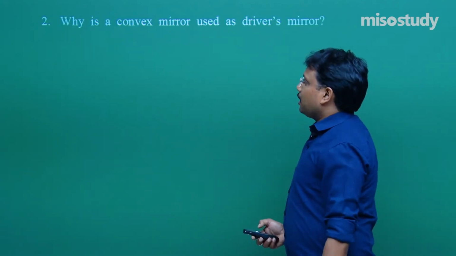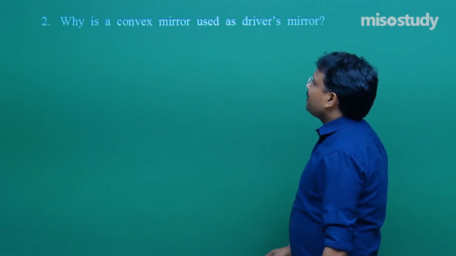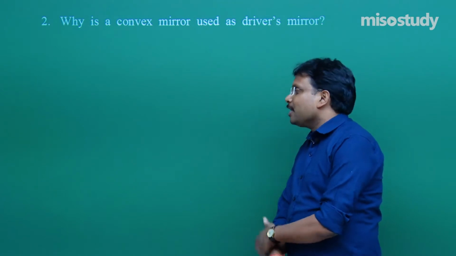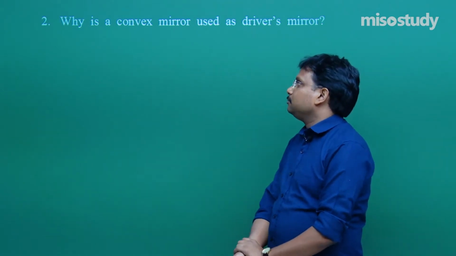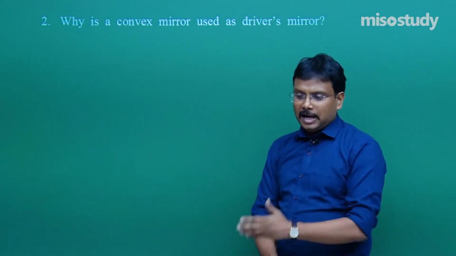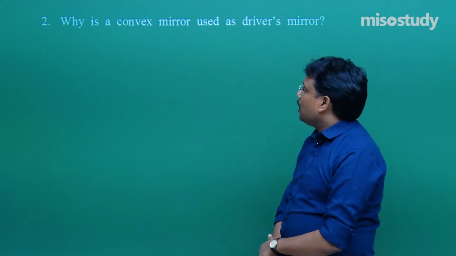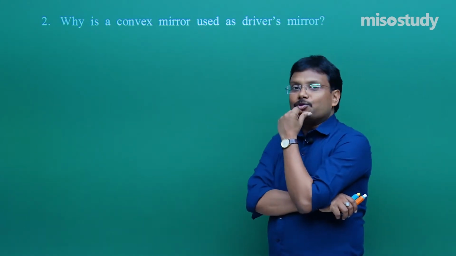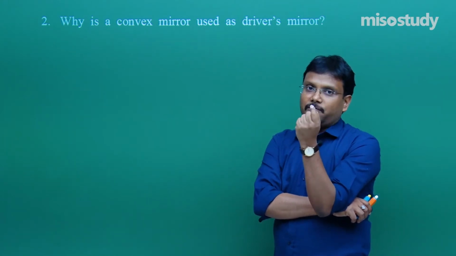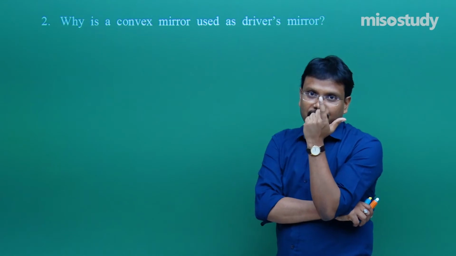Then comes question number 2, also for 1 mark: why is a convex mirror used as a driver's mirror? Some time back I asked this question to a student who was driving a car at that time, and he started answering so many things, but not even a single line that I was expecting from a student of physics.